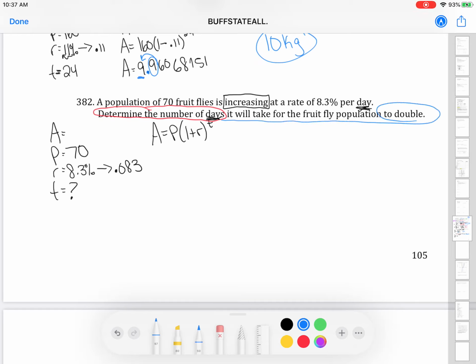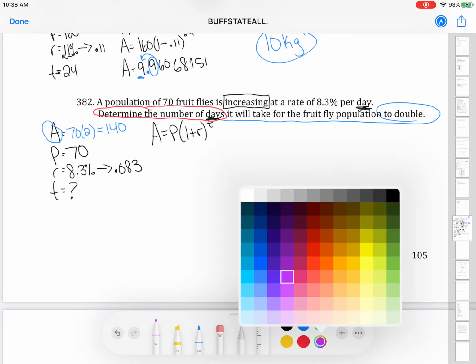So I read the rest of this. Figure out the number of days it will take for the fruit fly population to double. So your ending amount, or A, is going to be double what you started with. So what you're going to do to figure out what A needs to be is double your starting amount by multiplying it by 2. That'll get you an A value of 140.